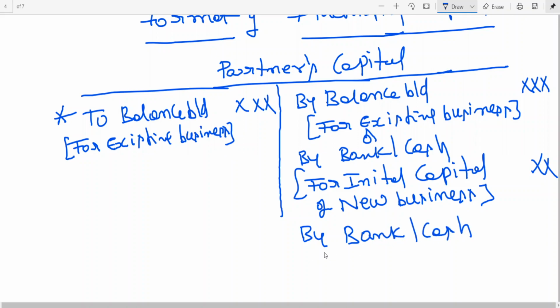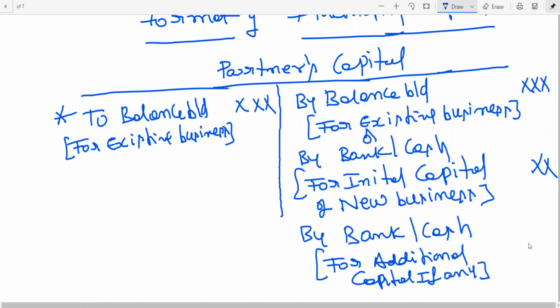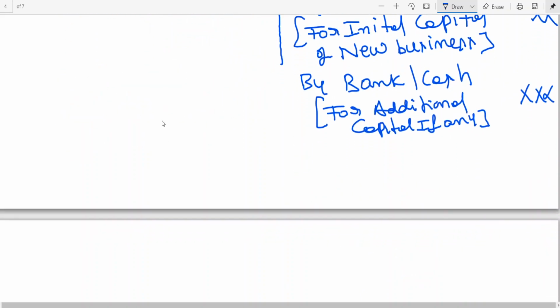By bank cash for additional capital if any. I think these things we have learned are the same in partner's capital account under fluctuating capital, no?